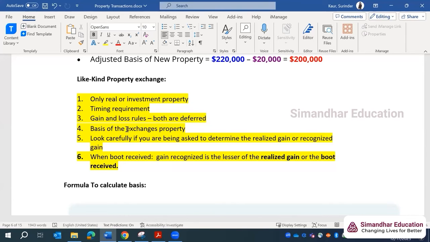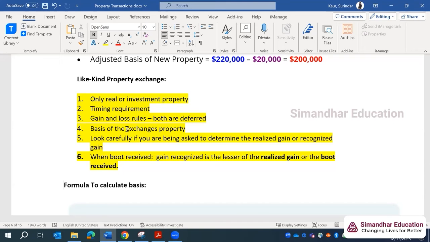Look carefully to see if they are asking to determine the realized gain or recognized gain. So remember, I told you that there are two terminologies which will be repeated intensively under this section, realization of gain and recognition of gain. Realization event is when there is a change in the ownership, when there is an economic transfer that is happening.